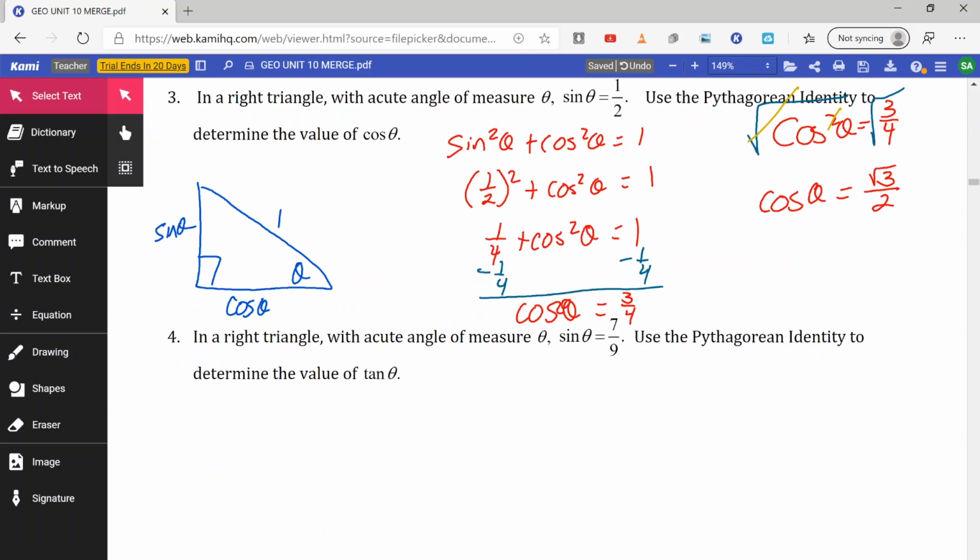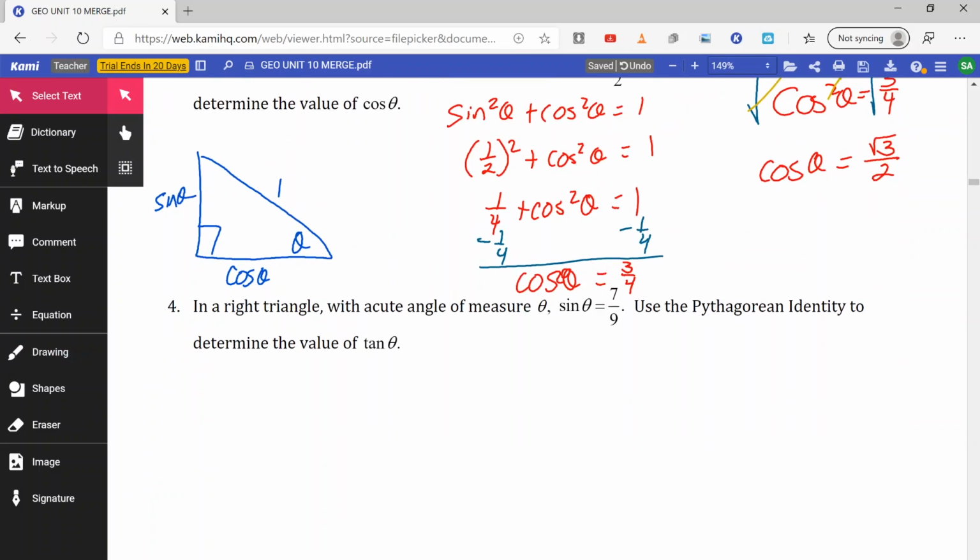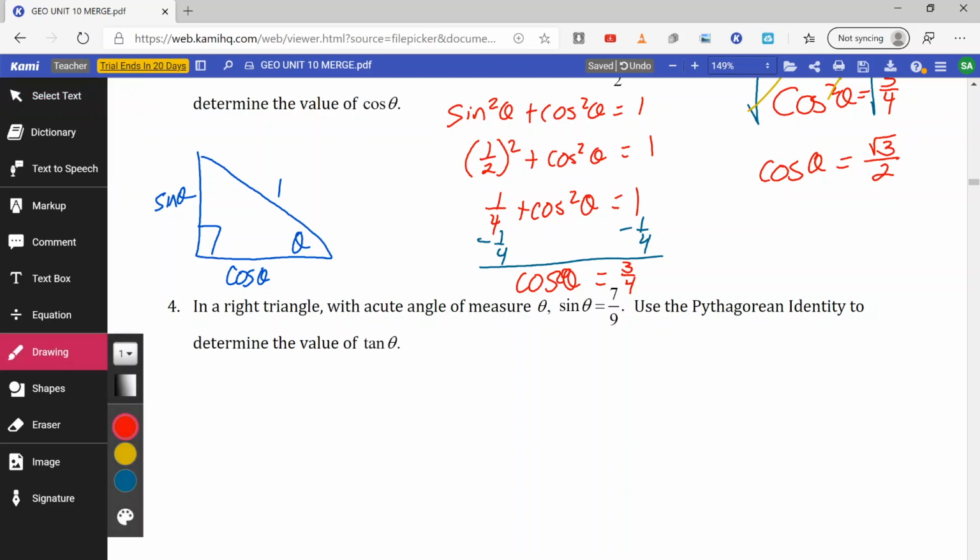Now number 4, we use the same identity, this time using sine of theta equaling 7/9. So again, same formula, same identity. Sine squared plus cosine squared is going to give me 1. Well, sine is now 7/9, which I am squaring, plus cosine squared gives me 1.